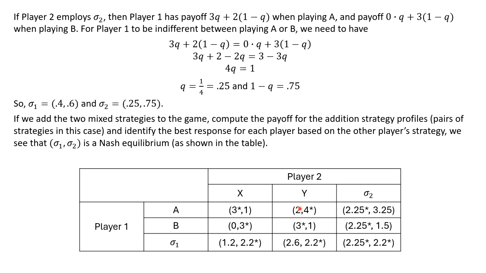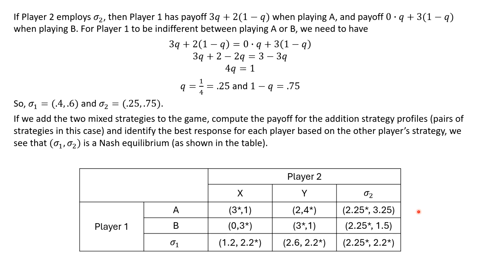Then we come here and we say if player 2 played Y, what's the best strategy for 1? That would be 3. So we put a star here. And then the clincher is here. If player 2 plays sigma sub 2, then you have the same payout in all 3 cases for player 1. I mean, we designed it to be that way. So we have a star here, here, and here.